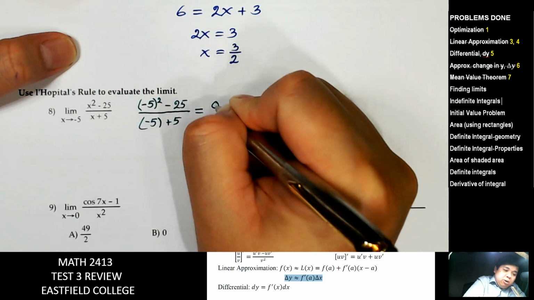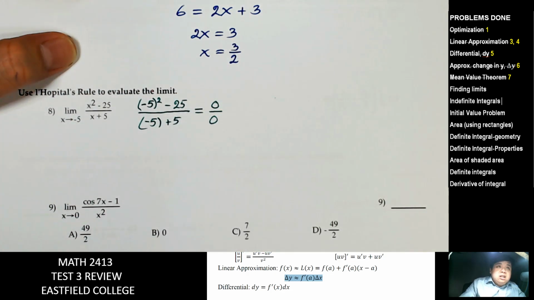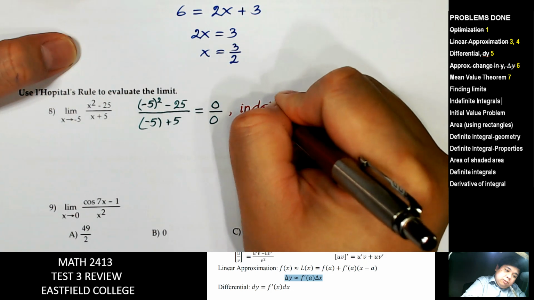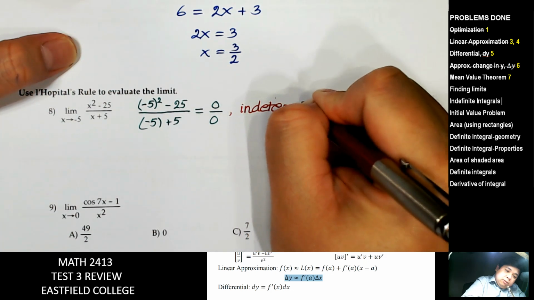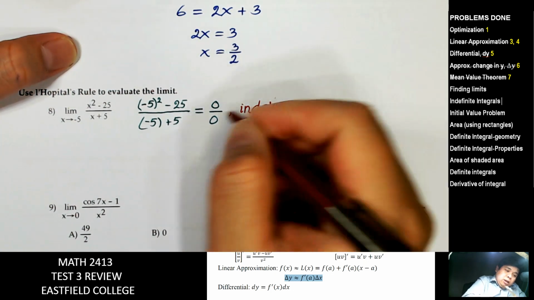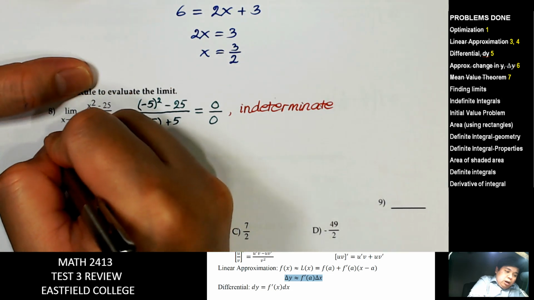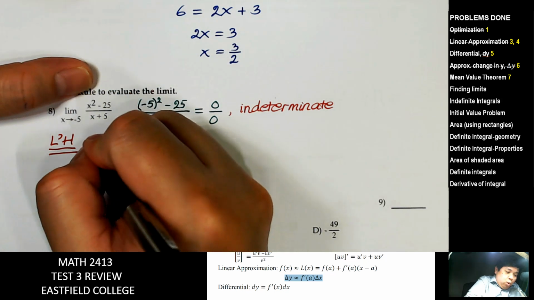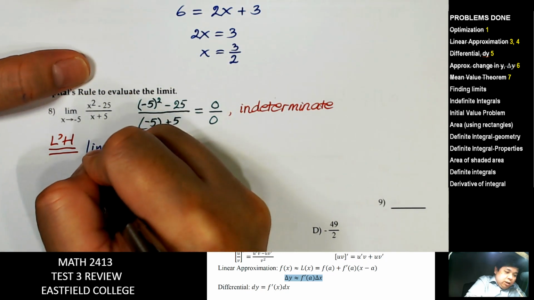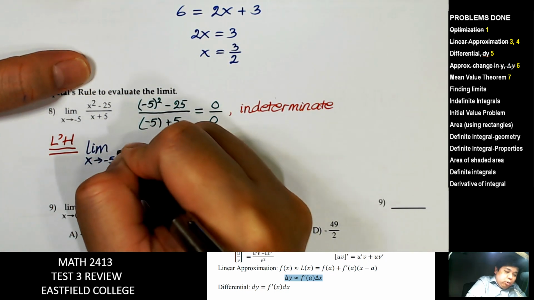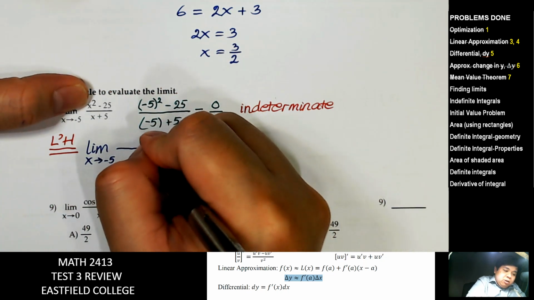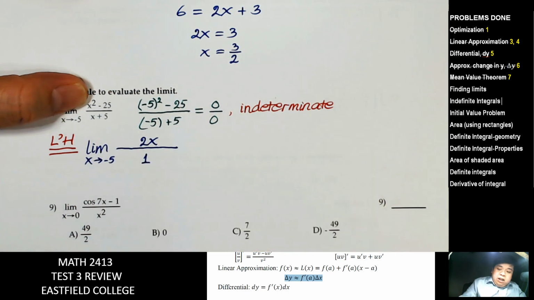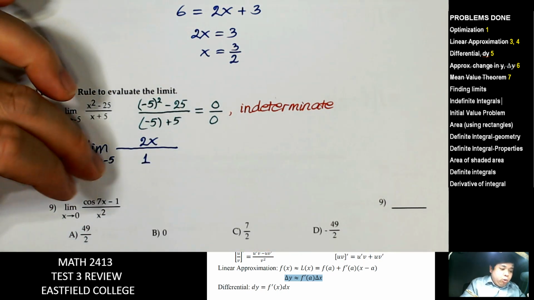So we have 0 over 0. This is an indeterminate form. So we can use L'Hopital rule, which means we'll take the derivative of the top, which gives us 2x, and the derivative of the bottom, just 1, and then the same way put in the numbers.